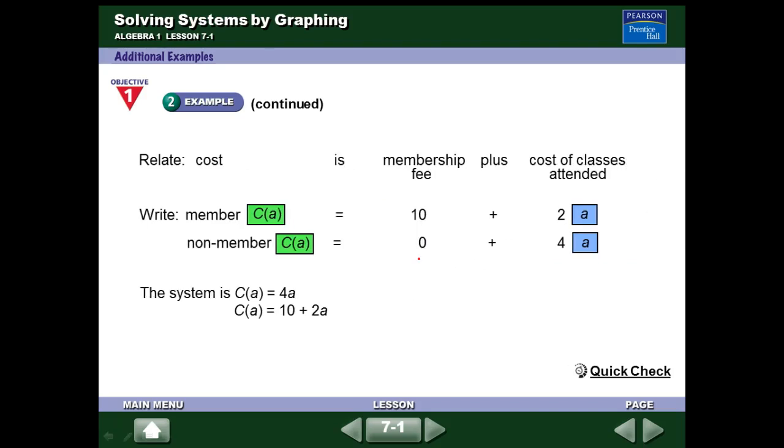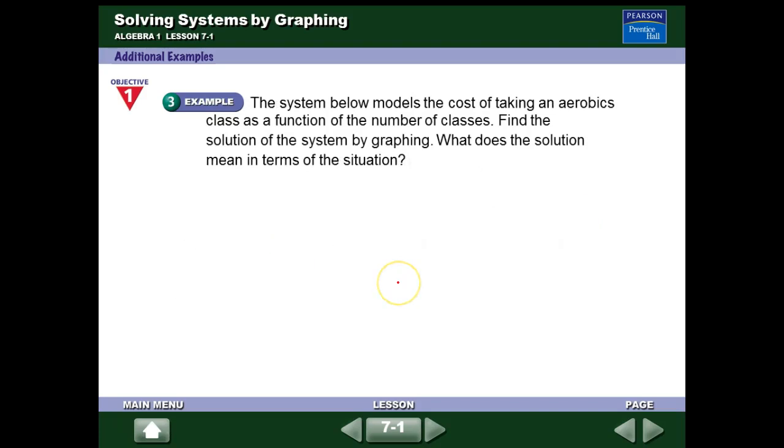So let's go through. We have an additional membership fee of $10 plus 2 times however many classes we attend. Whereas for a non-member, the cost is going to be $4 per class they attend. So this is what we should be looking for, which would have been, I think, A.